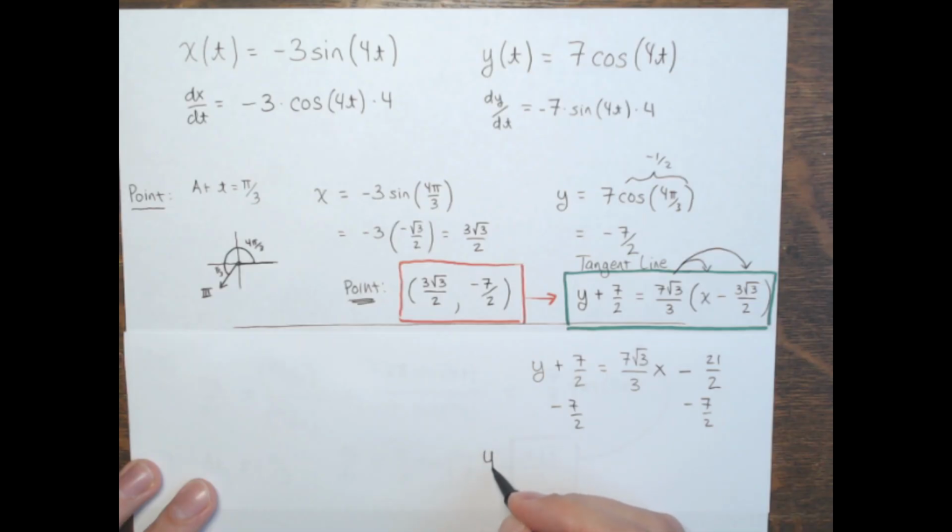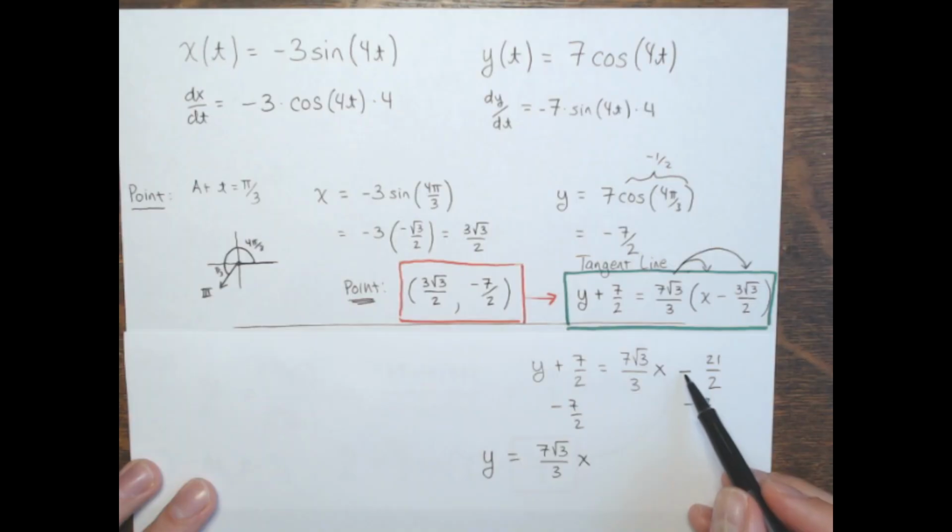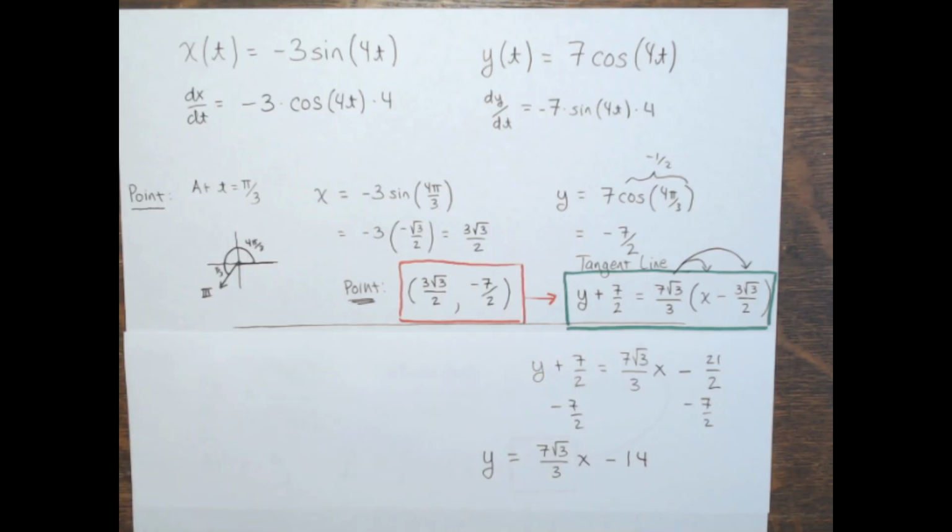So when all's put into slope-intercept form, we have y equals 7 root 3 over 3 for the slope times x. And then -21/2 minus 7/2, that'd be -28/2, but 28 divided by 2 is 14, so we have minus 14 when totally simplified. And there we go. I'm going to bubble this in.